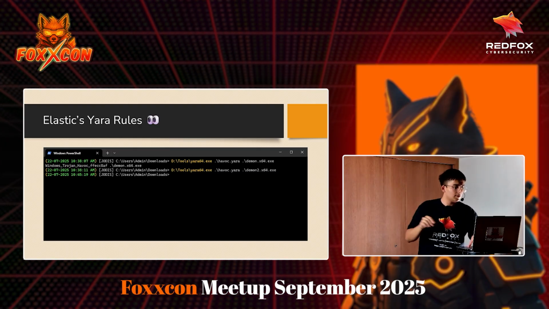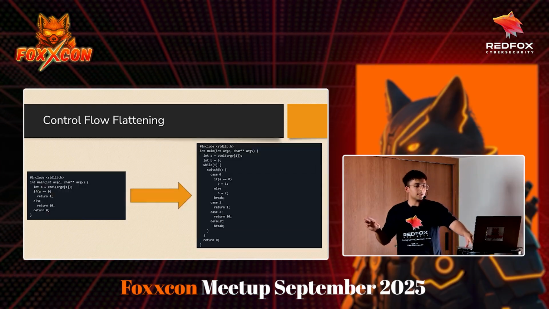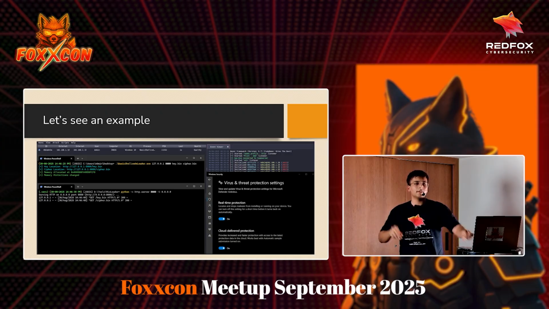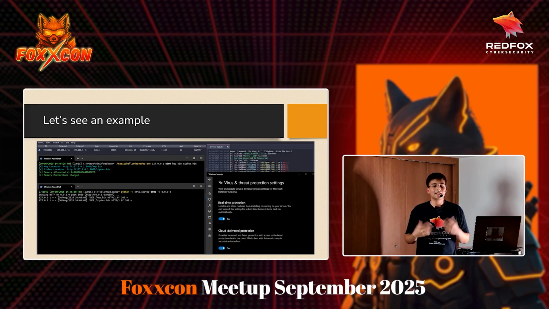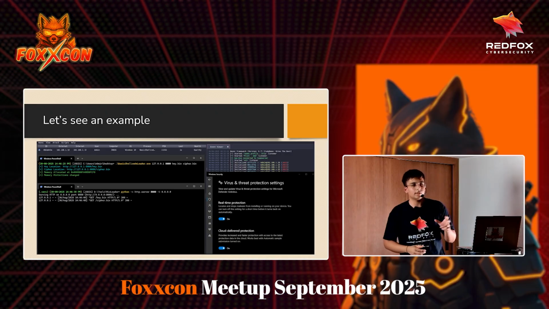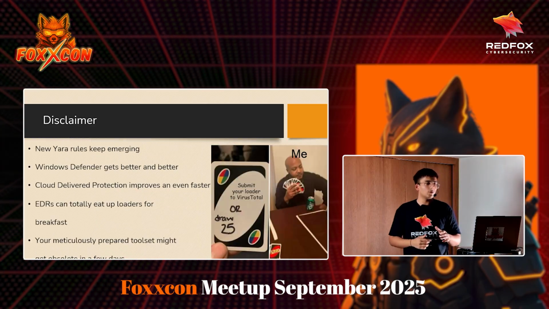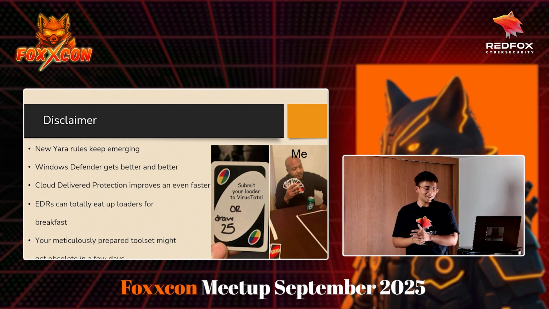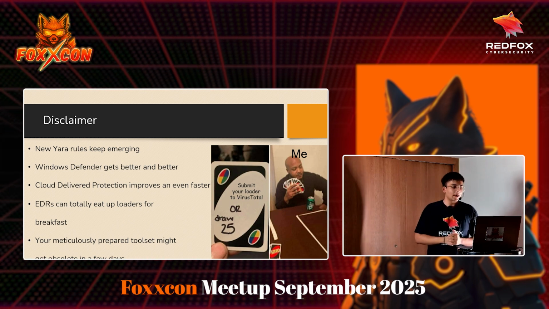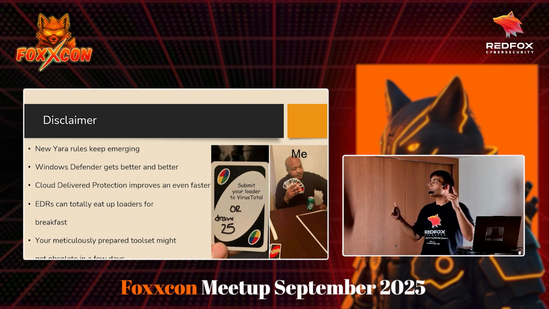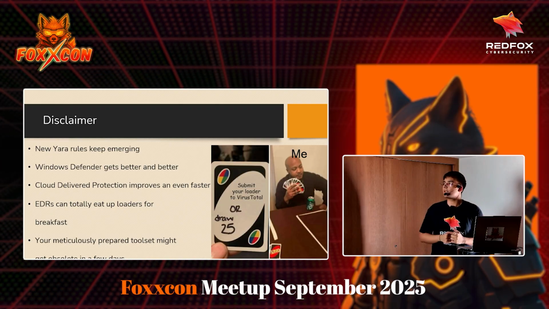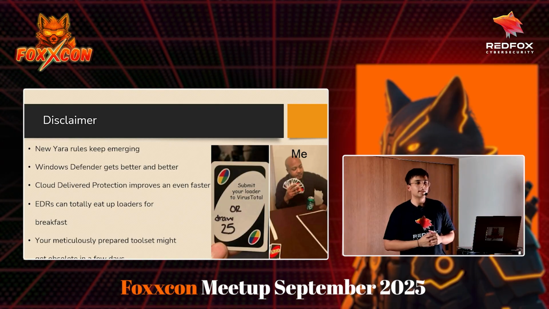Till September, this is not completely blocked, but we're getting that send for review pop-up, right? So Windows Defender is actually improving in a very fast manner, and cloud delivered protection improves at an even faster pace because they have a very good threat intel feed.